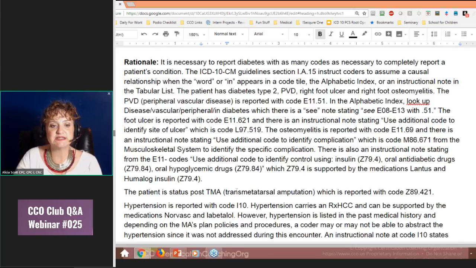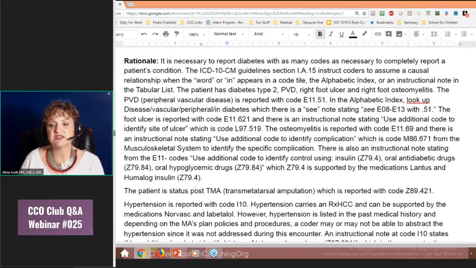Then, oh, here, she even put it in there for you. How awesome is that? The Z79.84. And then Lantus and Humalog was our insulin. The patient is status post transmetatarsal amputation, which is going to give us the Z89.421.